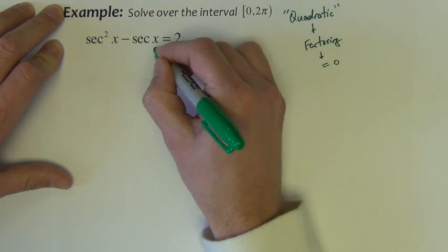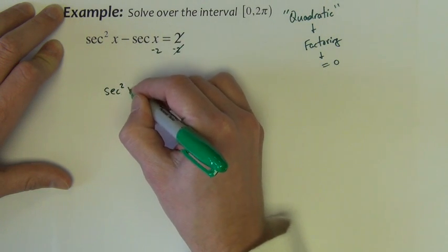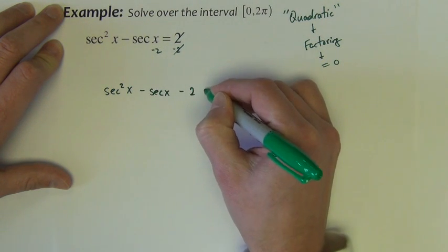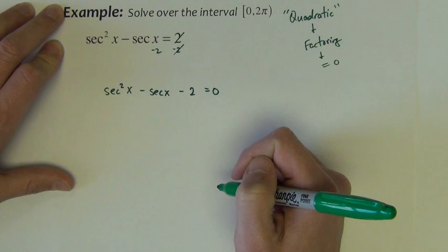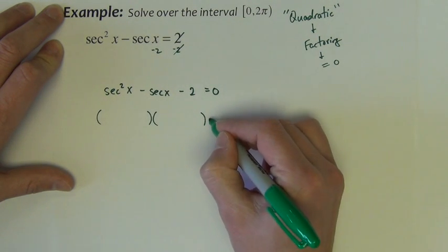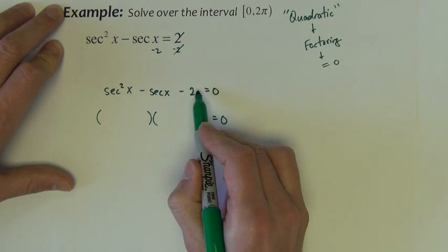So I'm going to subtract 2 from both sides, giving me secant squared x minus secant x minus 2 equals 0. I'm going to then factor this just like I would if it had said x squared minus x minus 2.